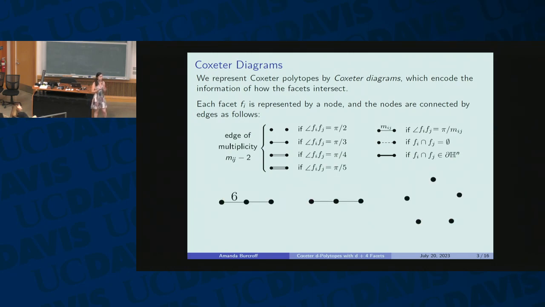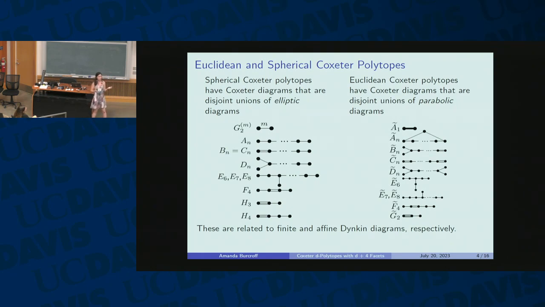So we can take our polytopes and forget the actual information of the polytope and just record these Coxeter diagrams.